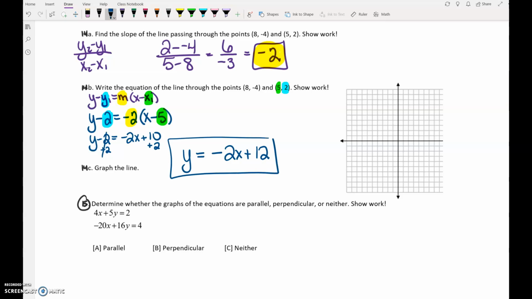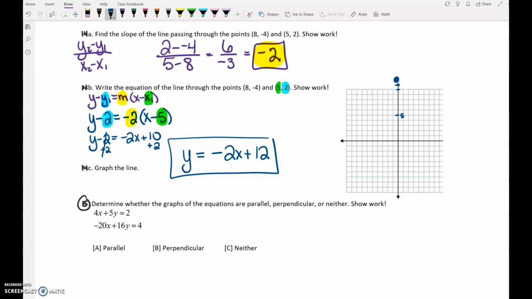Then it says graph the line. On the test, I will make sure that this is an equation that actually fits on this graph. So I think on your copy, it was even labeled with 1, 2, 3, 4, 5, with this is 5. So this would be 10, 11, 12, just go 2 higher.